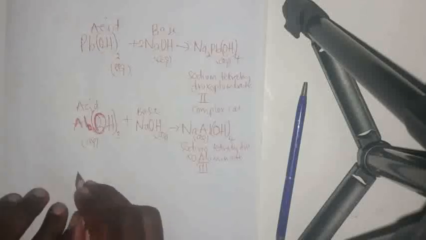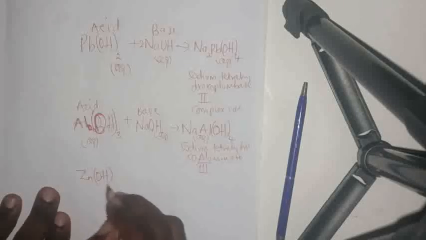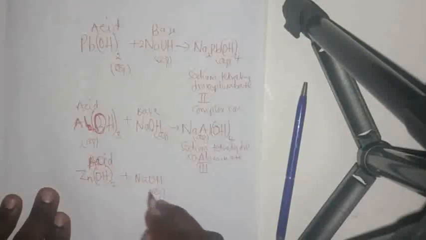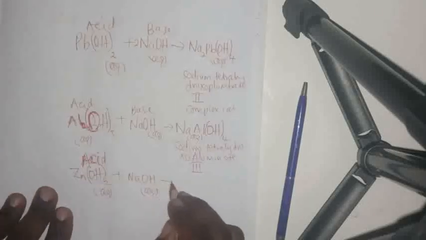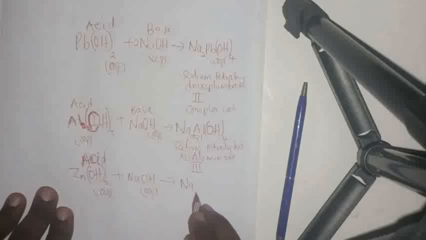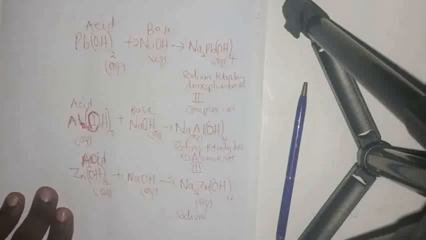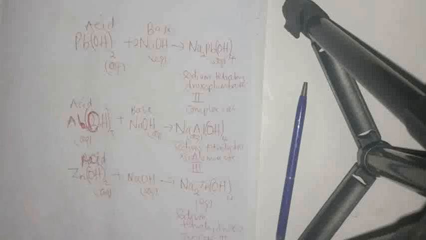You can have zinc hydroxide, now in this case behaving as an acid and reacting with sodium hydroxide, aqueous, to give us sodium 2 zinc OH 4, this is aqueous, so this is sodium tetrahydroxozincate 2, a complex salt also.